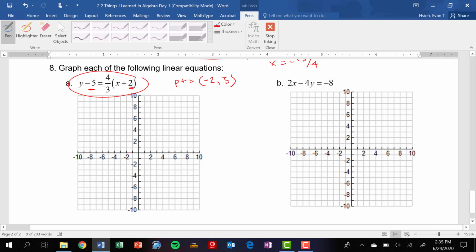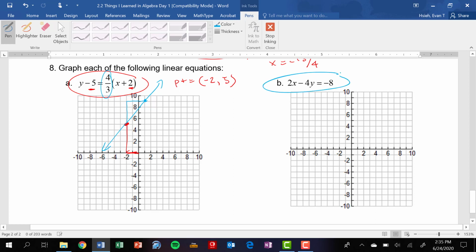So I'm going to take my point from negative 2 and up 5 to here, and then I'm going to use my slope that I am given there, which is 4/3. Up 4 over 3, I can keep doing that, up 4 over 3, but I can connect the two dots. 2 points will determine a line, and there's my line.